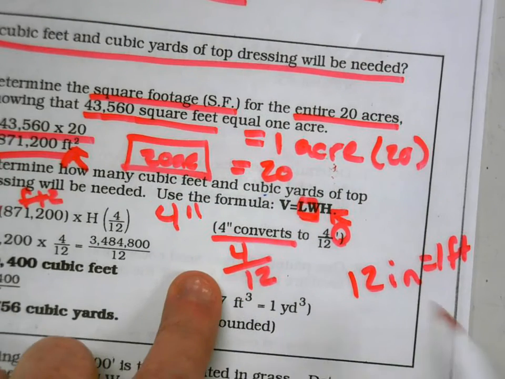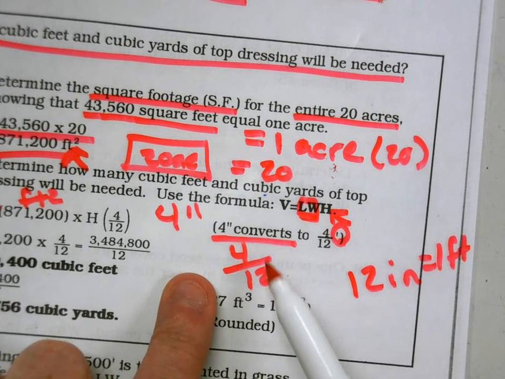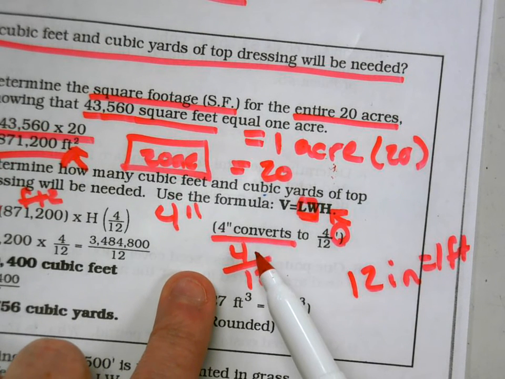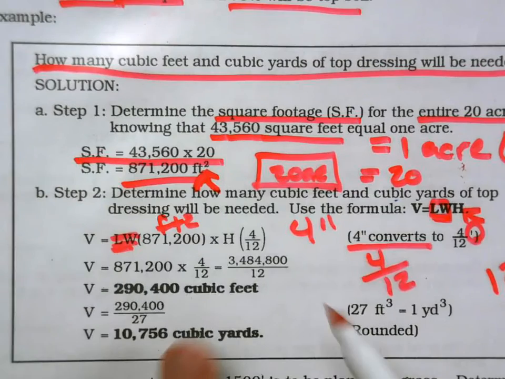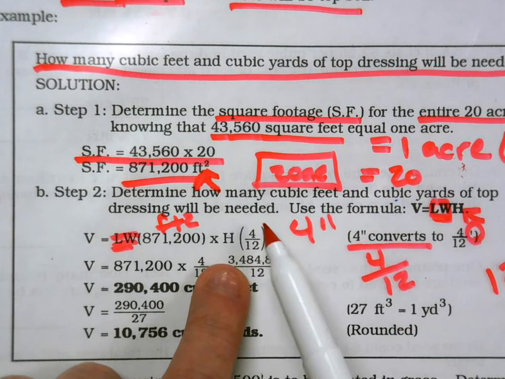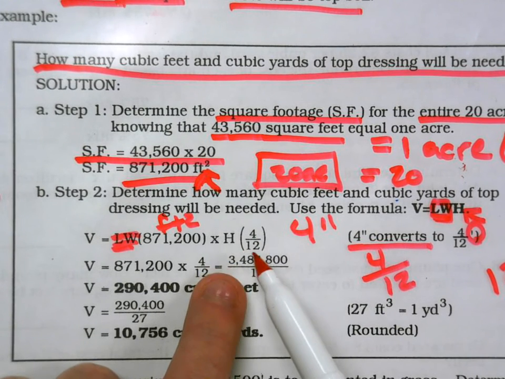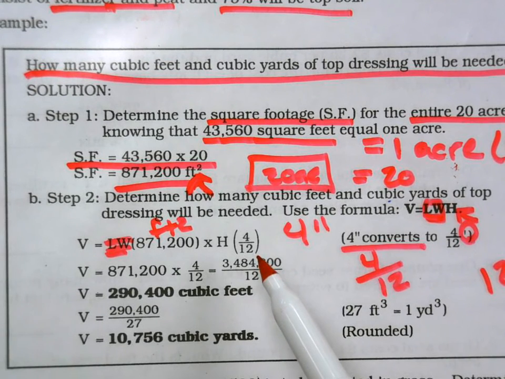Okay, so if I only have 4 of those 12 inches, then it's a fraction, because I don't have a full foot. I only have 4 inches. Does that make sense? Does that help? So that's where this 4 over 12 came from. It can be reduced. It can reduce to 1/3, but you don't need to, because it's not necessary to simplify right now.